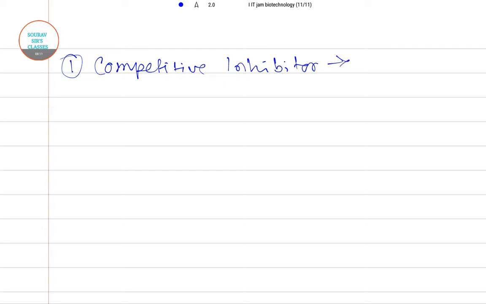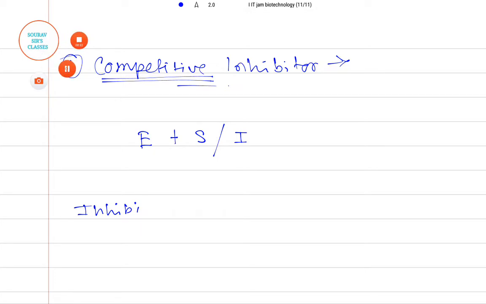So competitive inhibitor is an inhibition where there is a competition between what? The enzyme is fixed, but there is a competition between the substrate and the inhibitor, because these inhibitors are competing with the substrate.